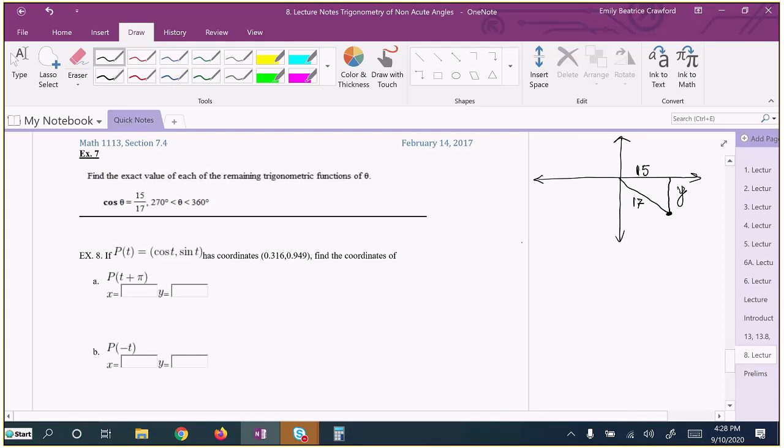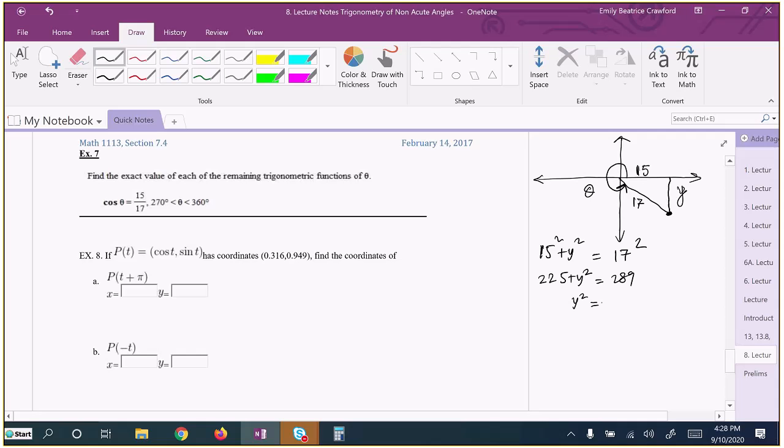So what I do, I say this angle is my angle that we will work with, and that is the theta value. And I do the Pythagorean theorem where I say 15 squared plus y squared is equal to 17 squared. So 225 plus y squared is equal to 289.